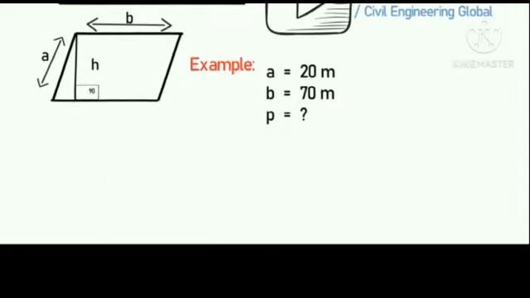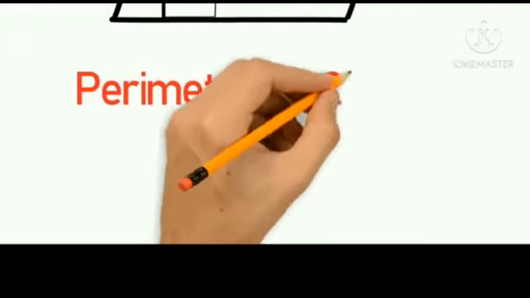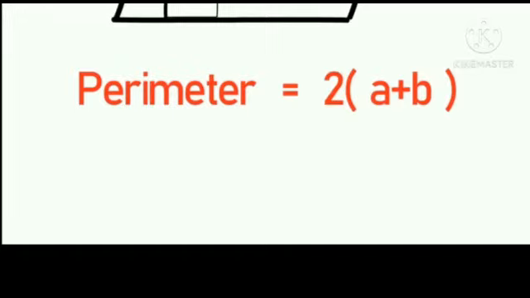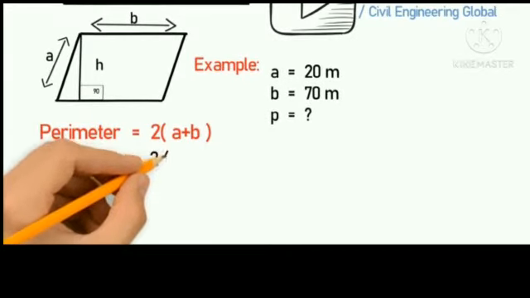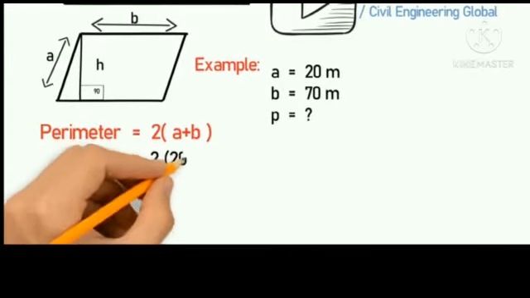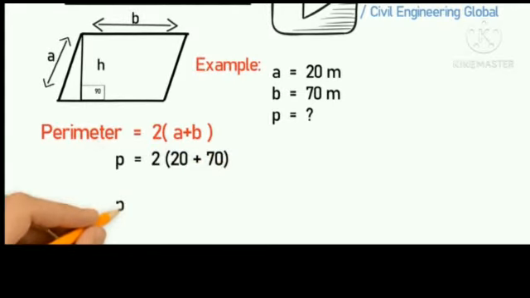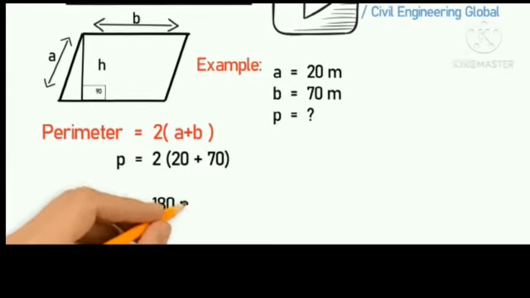Perimeter of the parallelogram is equal to 2 times (A plus B), which means 2 times the length of A plus 2 times the length of B, which is equal to 2 into (20 plus 70). So, perimeter of the parallelogram is equal to 180 meters.